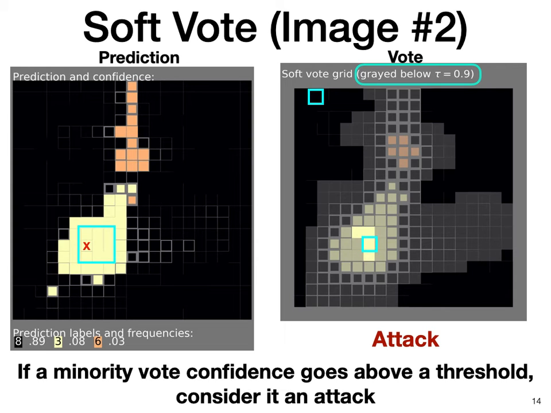Those were confident enough to appear in the vote grid, so we consider this an attack. They could also not change a few of the predictions where the patch was just short of fully occluded. Several of those remain confident enough to be above the soft vote threshold and show up as votes for yellow, 3, above the threshold.